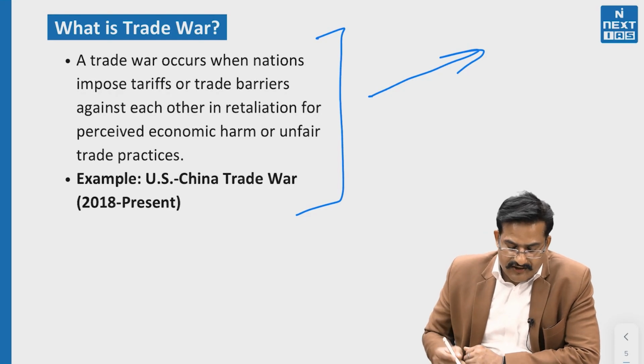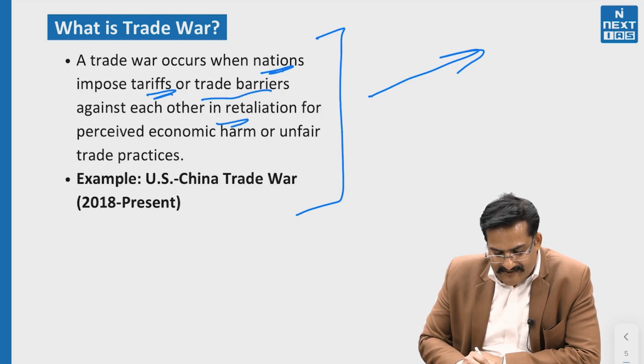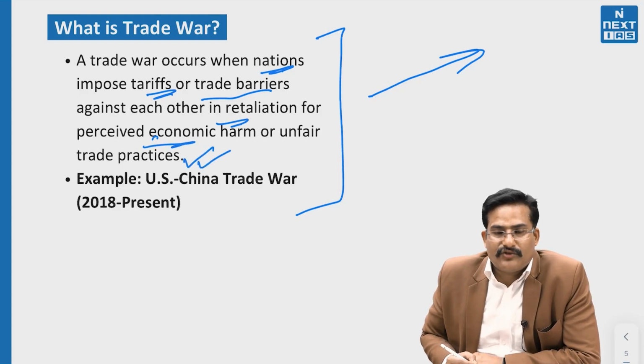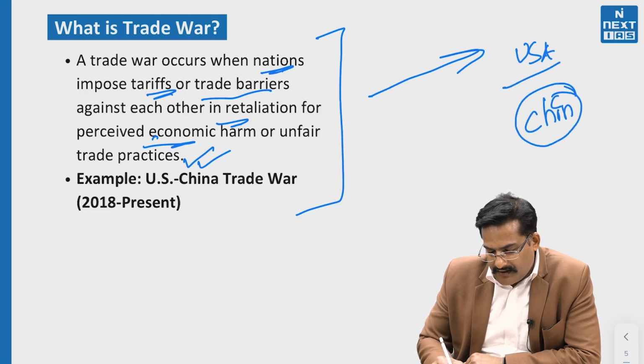So what is a trade war? A trade war occurs when nations impose tariffs or trade barriers against each other in retaliation for perceived economic harm or unfair trade practices. For example, we have seen in recent times a trade war going on between the USA and China, the two largest economies.